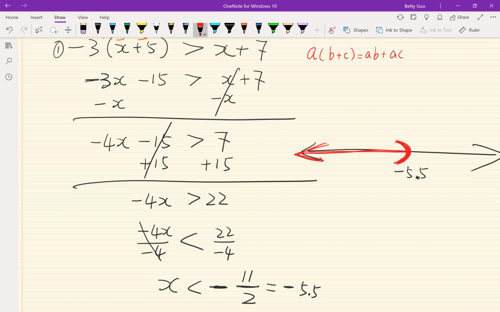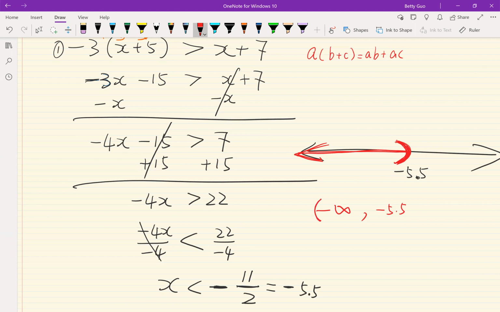That's one whole piece, right? So that is one interval. Tell me what's the left endpoint. Over there, what's the bound? Yeah, negative infinity. What's the right endpoint? Negative 5.5 or negative 11 over 2, right? And we use a comma to separate them.